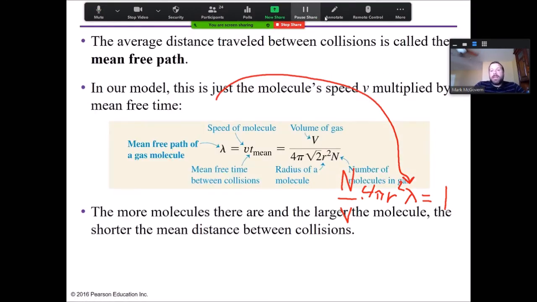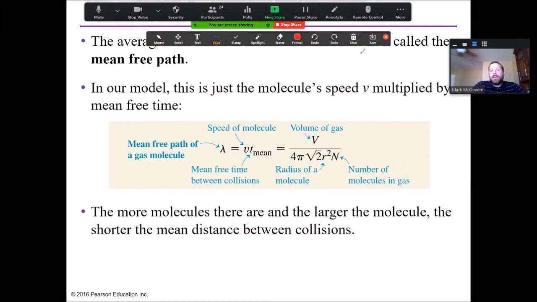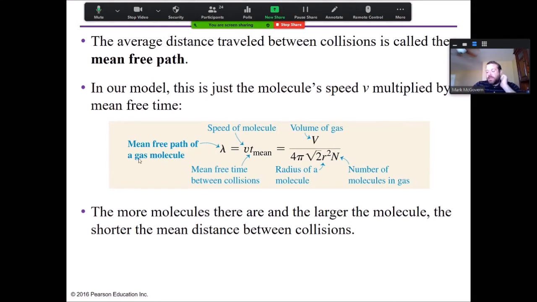And let me go back here and clear this up a bit. So we have this lambda down here. Well, we have the lambda right there, but if we use the ideal gas law, remember it's PV = NkT.